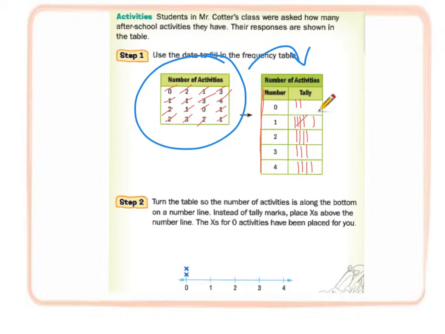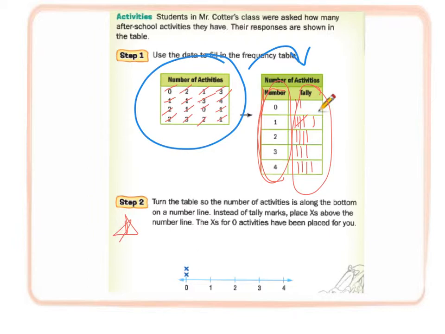Say you had a community ed class with Mrs. Steinberg, and then you had track practice, and then you're in a second sport and you play softball, and then you also have to go to Girl Scouts. So that would be 4 activities, and 4 of you did that. So that's kind of what those numbers mean, is how many after-school activities you had, and then this number means how many people had that amount.